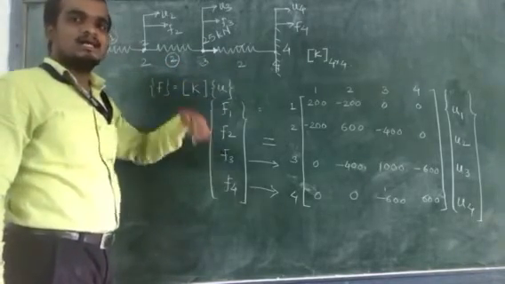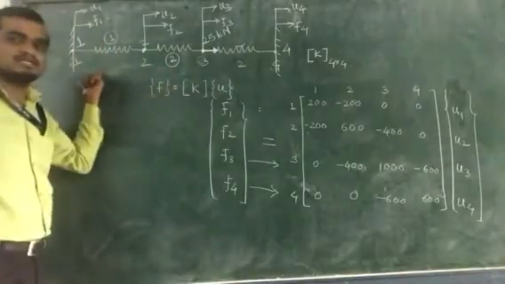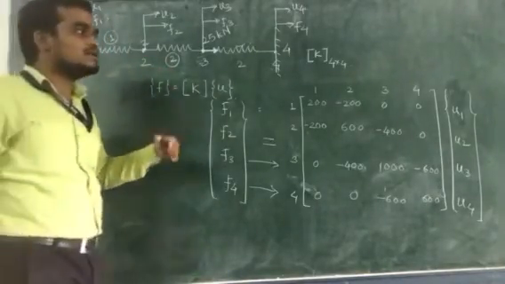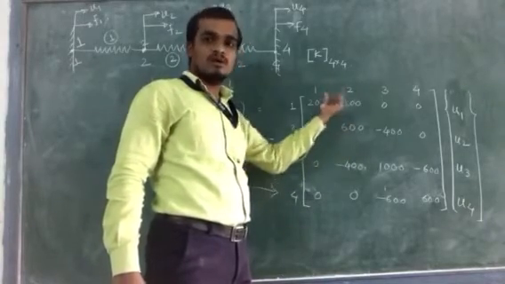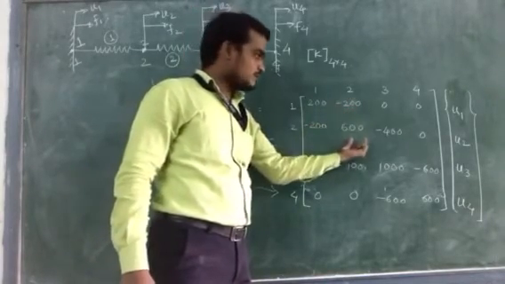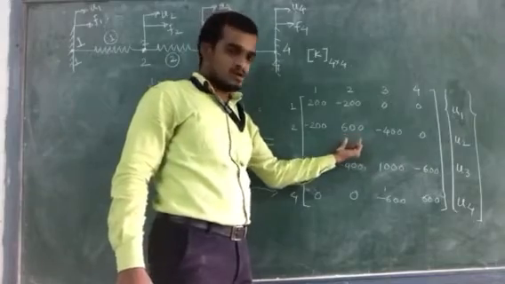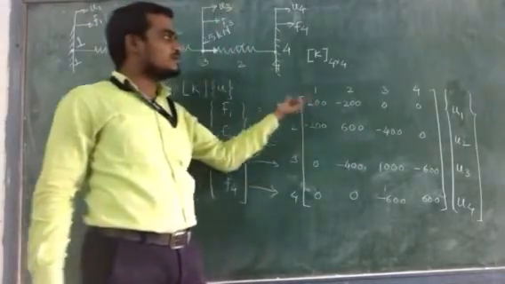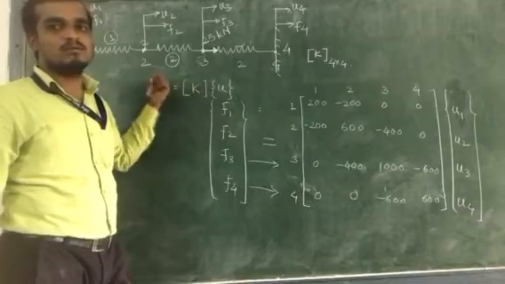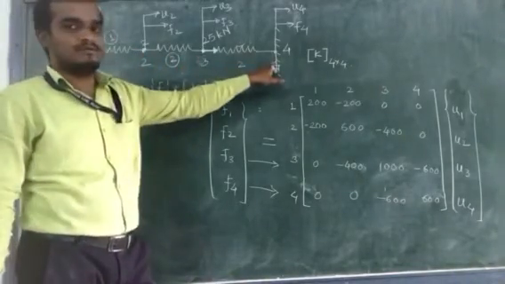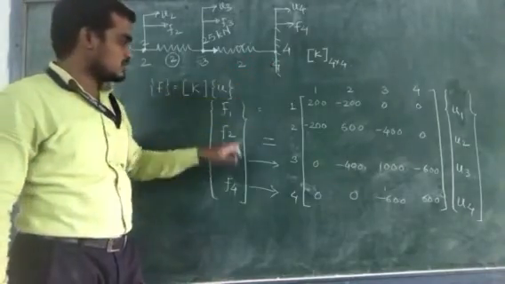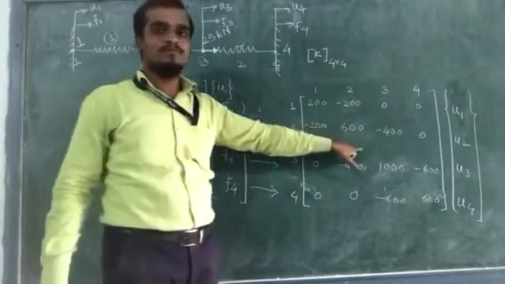Then by using these elemental stiffness matrices, we constructed our global stiffness matrix. The order of the global stiffness matrix we decided depending on the number of nodes, as there are 4 nodes here, 1, 2, 3, 4. So the order will become 4 by 4.